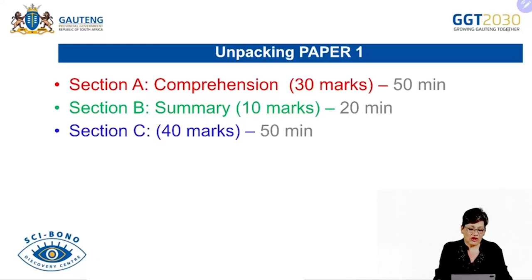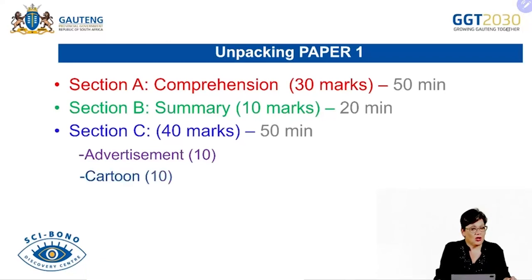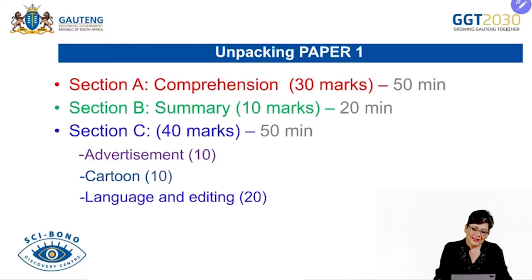And then we've got section C. Again, this is about 50 minutes and it counts 40 marks. This is your biggest section. Now, just to remind you, there's going to be an advertisement for 10 marks. There's definitely going to be a cartoon of 10 marks, and we'll have some language and editing questions for another 20 marks. And that's your Paper 1.